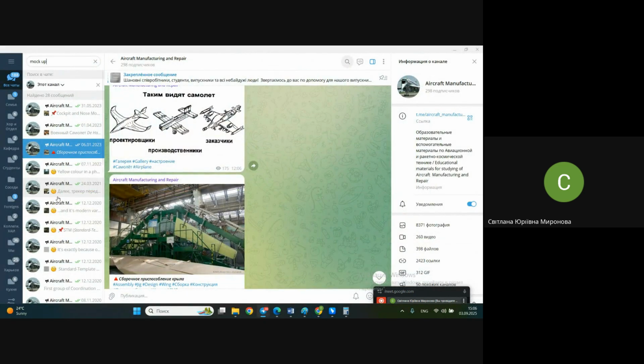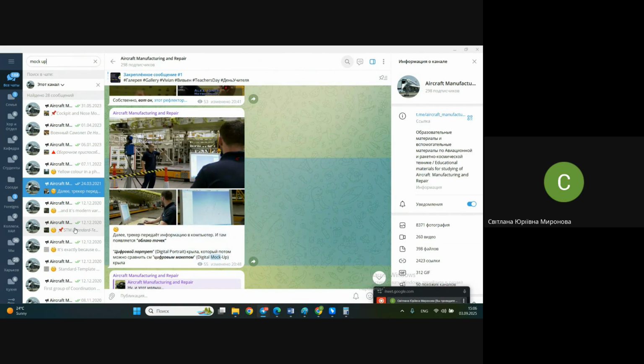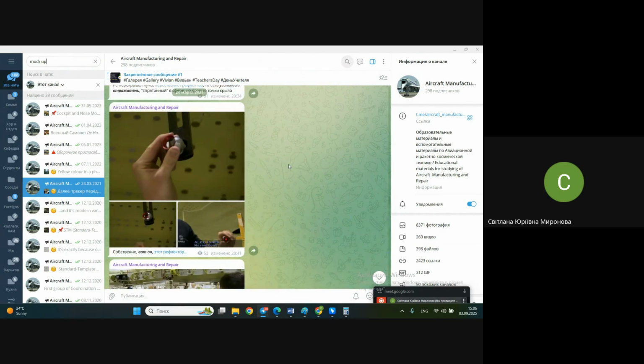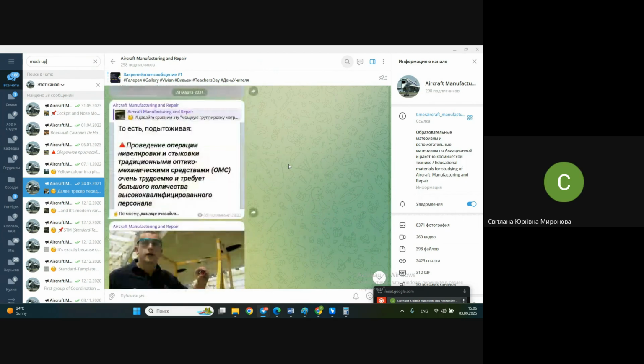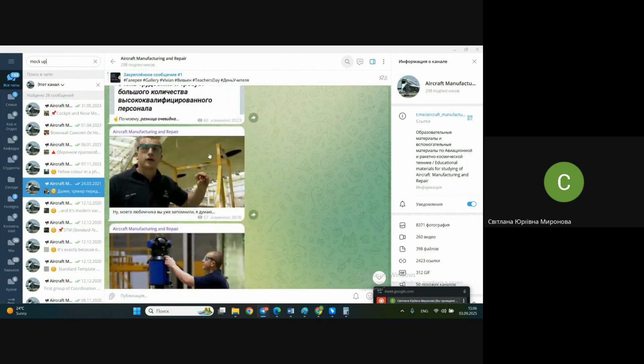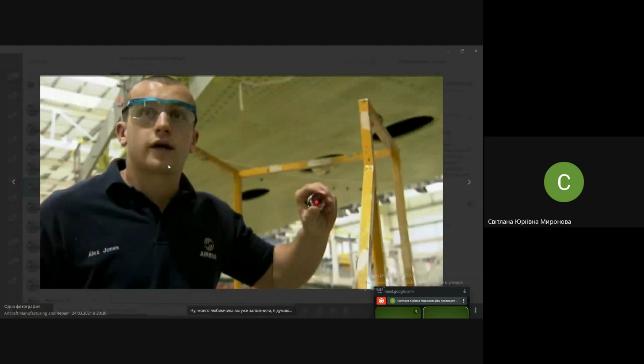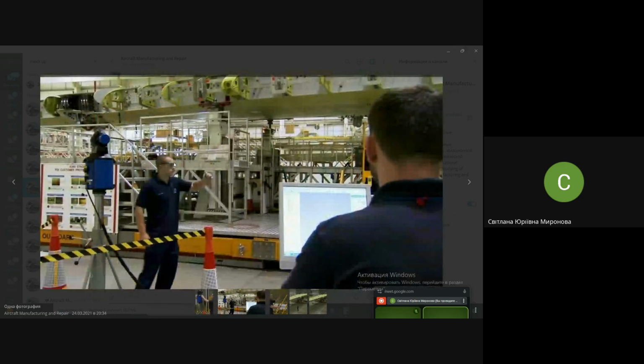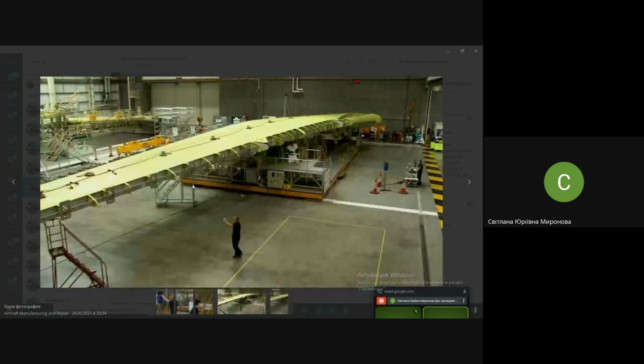Wait a second. We're searching for mockups, but what we have found is the story about the laser tracker. Now it's necessary to show the movie for you to understand and so on.